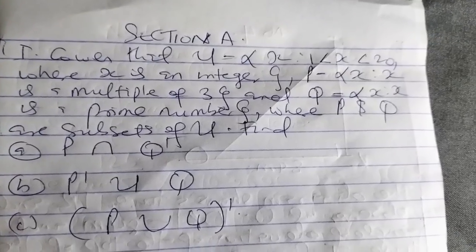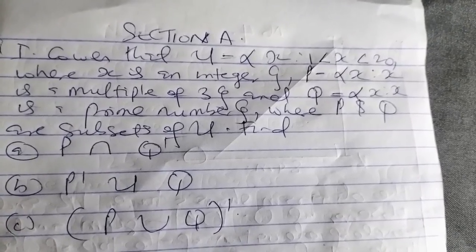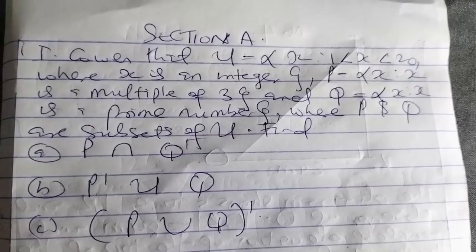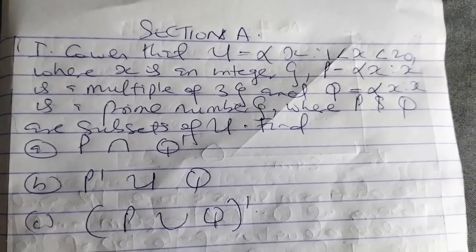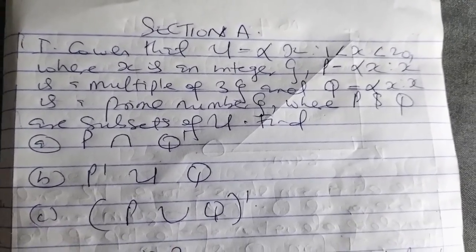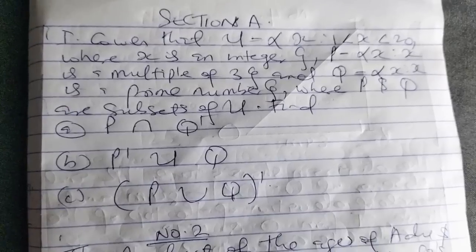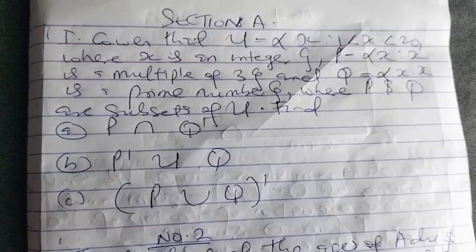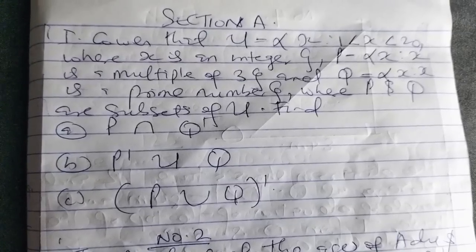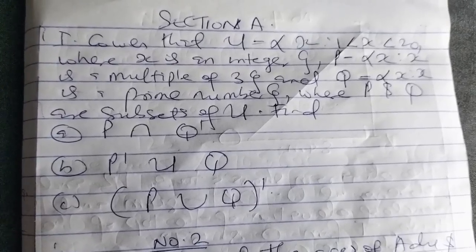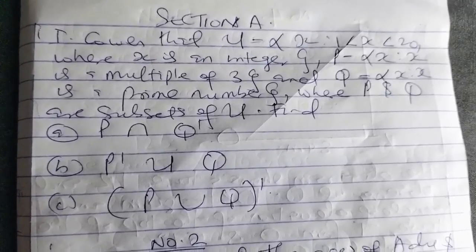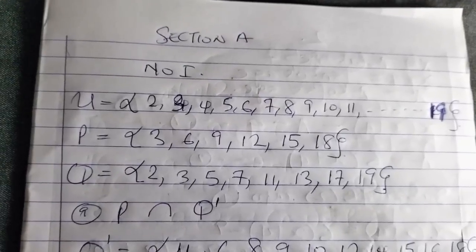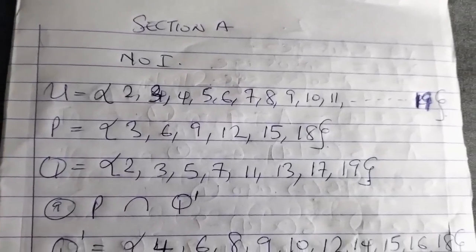Q is also another subset of the universal set, where S is a prime number. Find A. P intersection Q prime. For number 1, we'll first list the elements of the universal set.